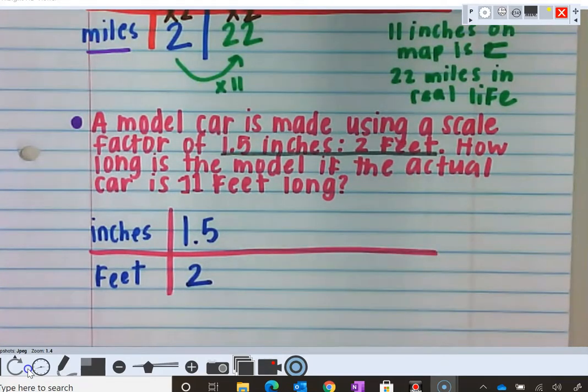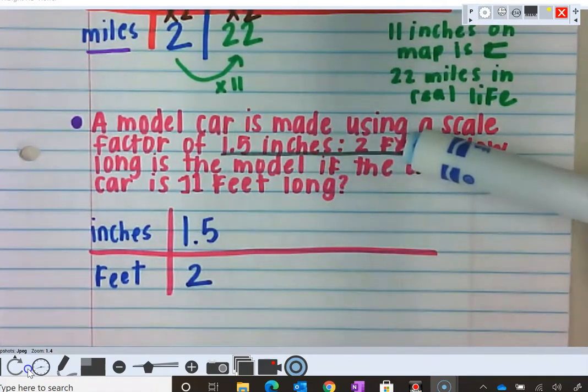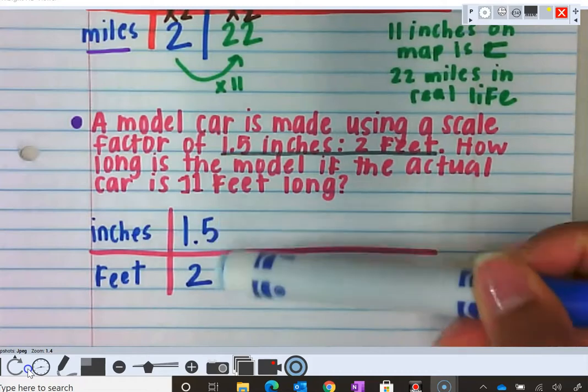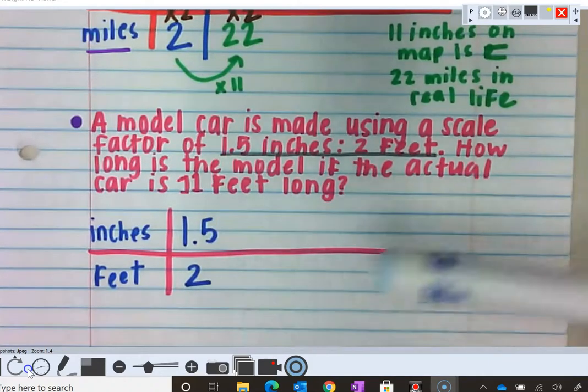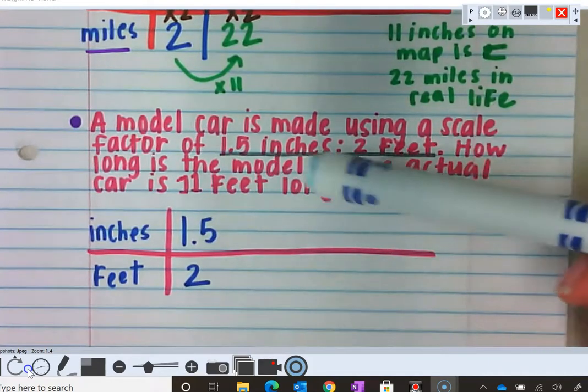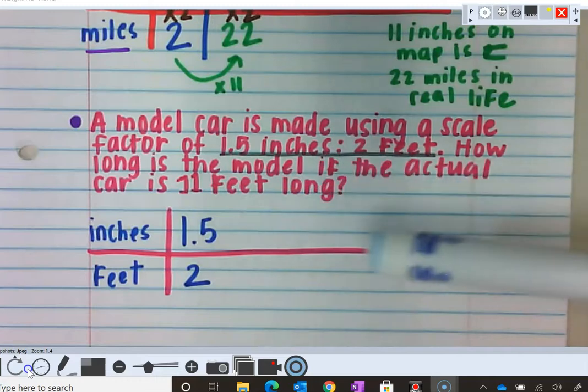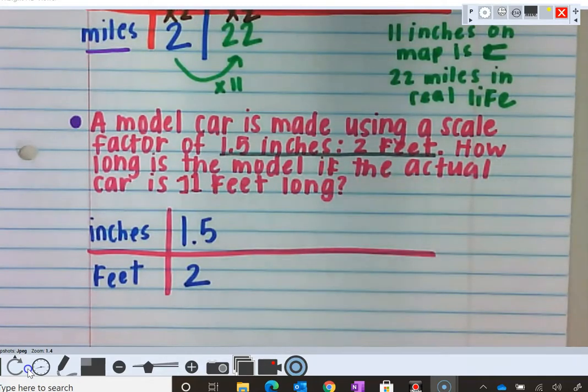So we're thinking about a model car. This might be like a Hot Wheels car, those small little cars that you can play with. And that is a smaller version of a huge car in real life. And so when we're thinking about inches to feet, we're comparing a model car to a real car. So now it says, how long is the model if the actual car is 11 feet long?